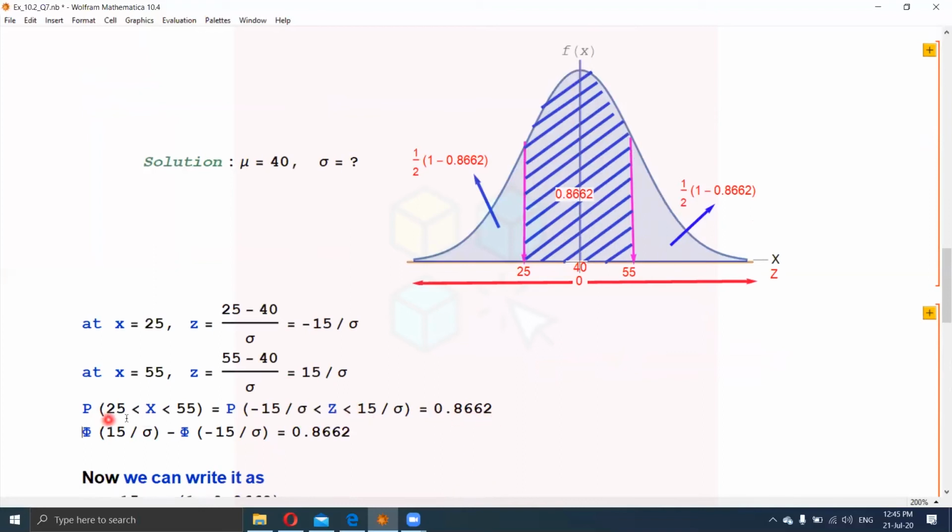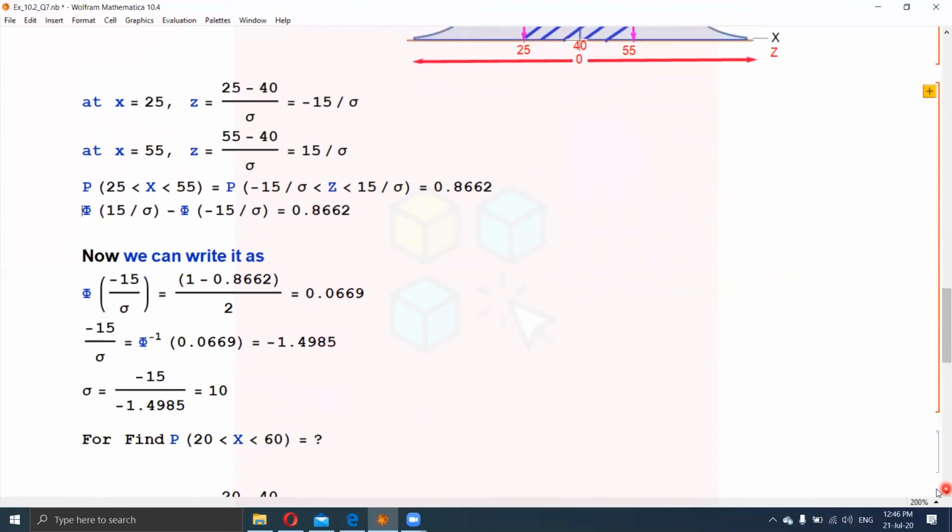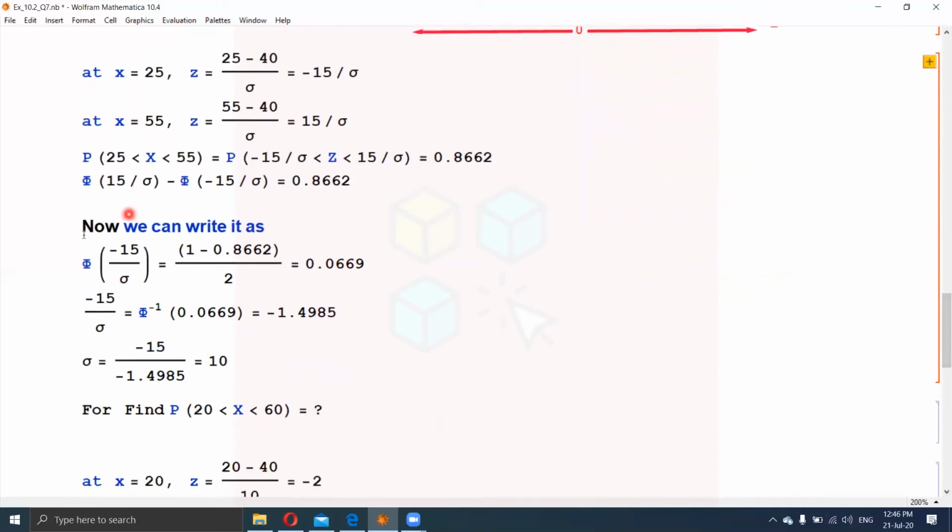The probability between 25 and 55 of the x values is equal to, in the z-score, minus 15 by sigma to plus 15 by sigma. Now we will solve for the left tail area. Phi of minus 15 by sigma is equal to (1 minus 0.8662) divided by 2, and the answer is 0.0669.